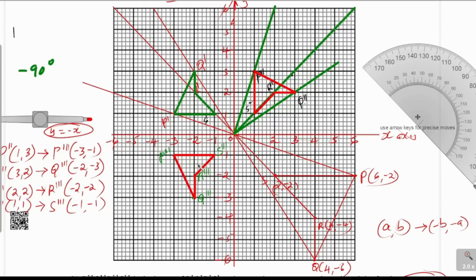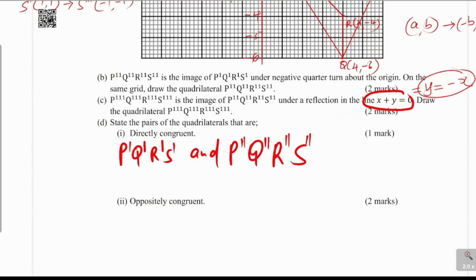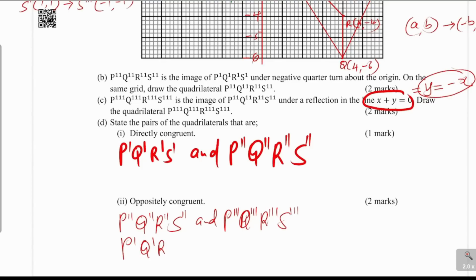So we have image 2 and 3, P2, Q2, R2, S2, and P3, Q3, R3, and S3. And then image 1, P1, Q1, R1, S1, and the third one, P3, Q3, R3, and S3. Those are the ones that are oppositely congruent.